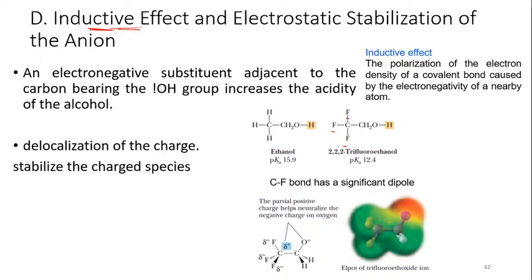This creates what we call an inductive effect between the oxygen and the fluorine atoms. This inductive effect, the delocalization of the charge, will stabilize my structure. This is why the pKa of trifluoroethanol is less than the pKa of ethanol, which makes trifluoroethanol more acidic than ethanol.